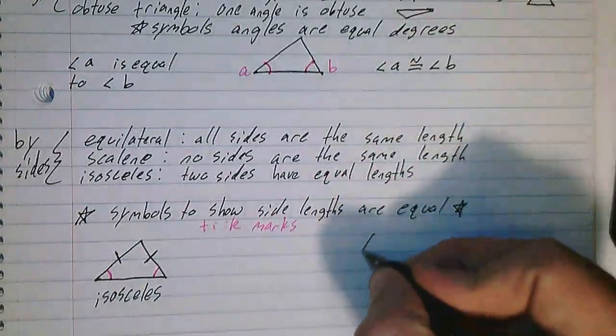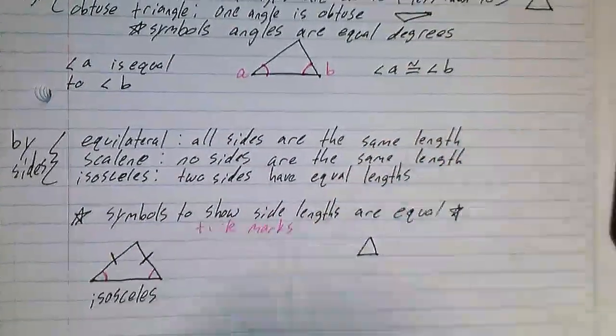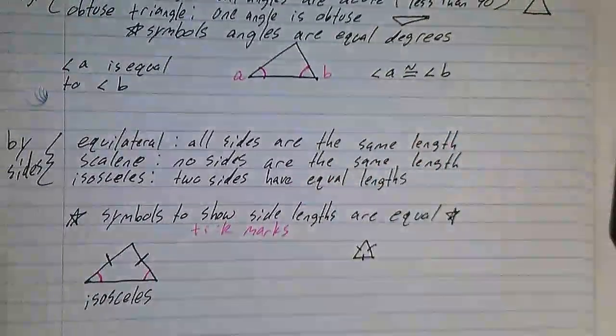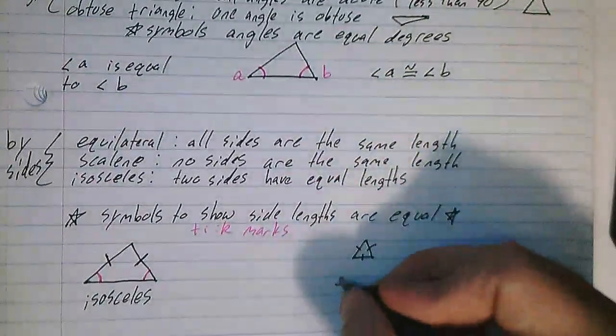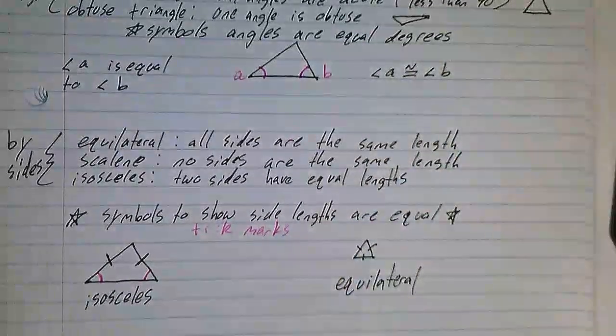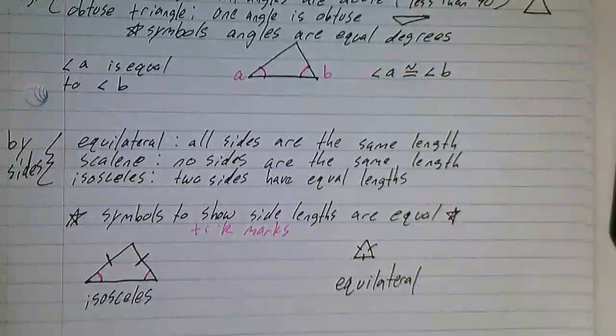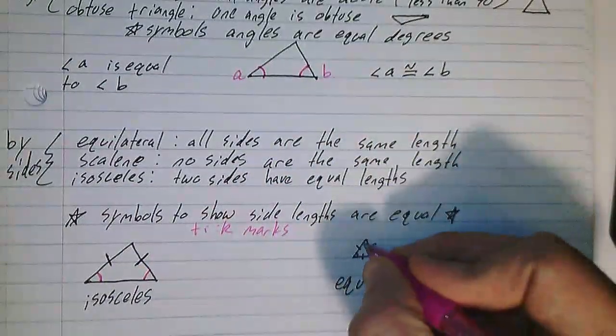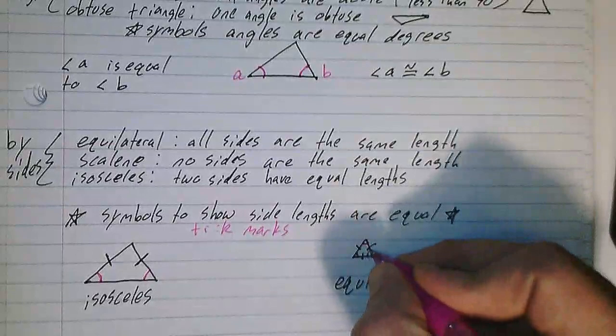If we had an equilateral triangle, then all sides would be the same. And again, if your sides are the same, then the angles opposite would be the same as well.